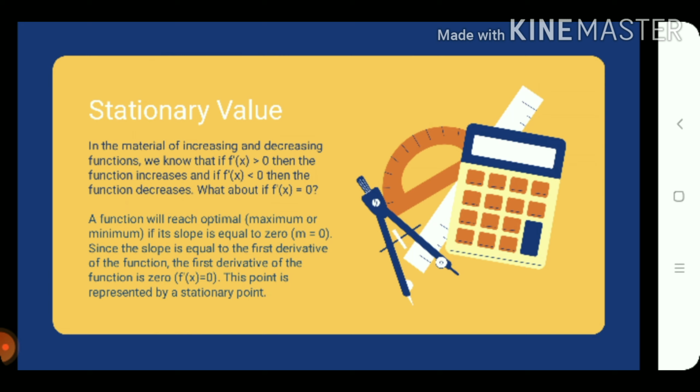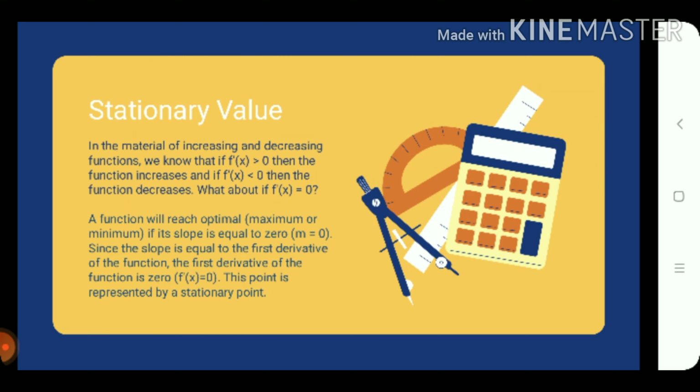In the material of increasing and decreasing functions, we know that if f'(x) > 0, then the function increases, and if f'(x) < 0, then the function decreases. What about if f'(x) = 0?